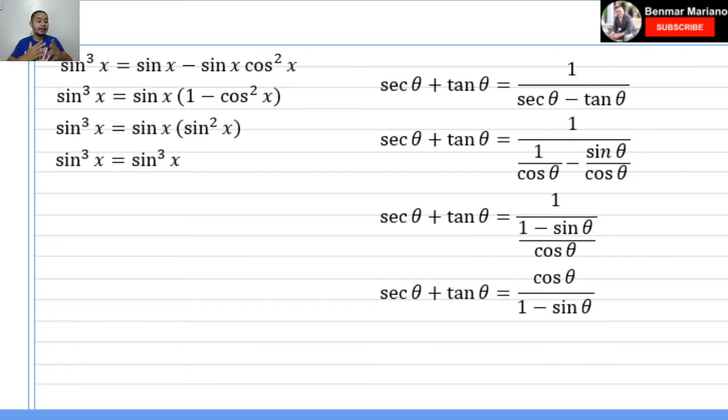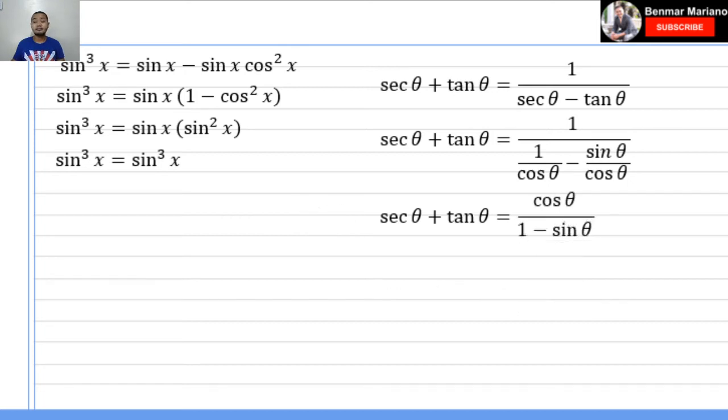Personally, when I encounter a complex fraction, I convert it into a division sentence, as you can see on our screen. And then we all know that when we divide by fractions, what we do is we reciprocate the second fraction and then proceed to multiplication. So that is the reason why 1 over 1 minus sine theta all over cosine theta is equivalent to cosine theta over 1 minus sine theta.